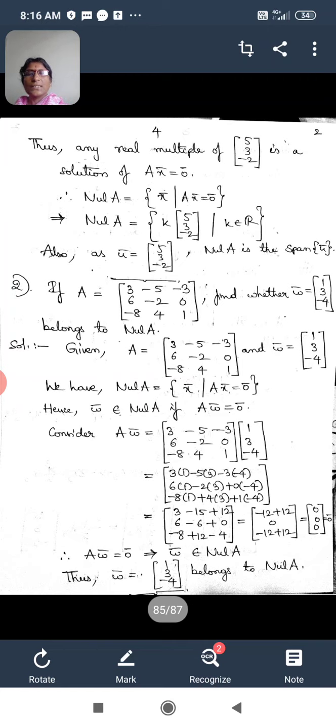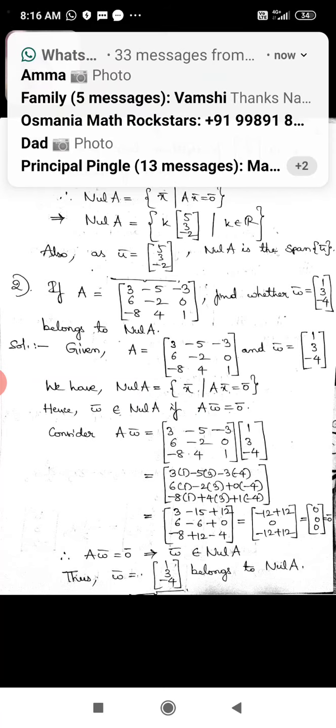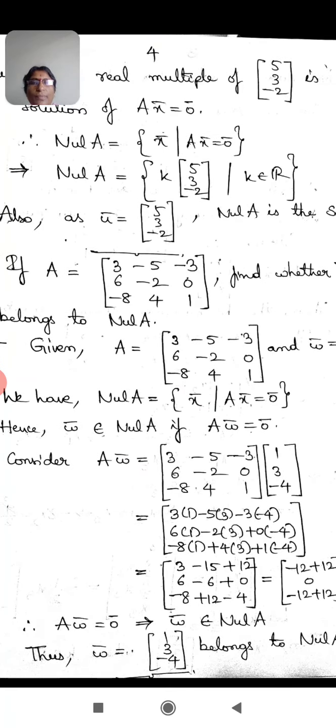The first one is a 3 by 3 matrix and the second one is a 3 by 1 matrix, and the number of columns in the 3 by 3 matrix, which is 3, is equal to the number of rows in the second matrix, which is 3 again. As they are equal, we can multiply these two matrices and get a resultant matrix of order 3 by 1. So let us see how we can get that 3 by 1 column vector after multiplying these two matrices.